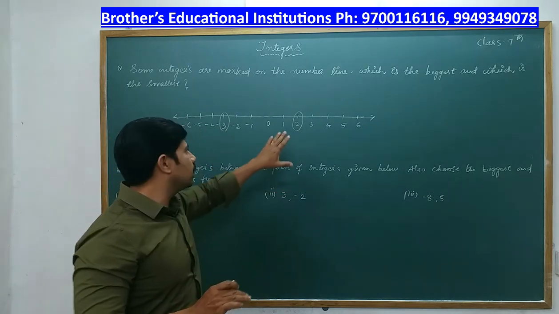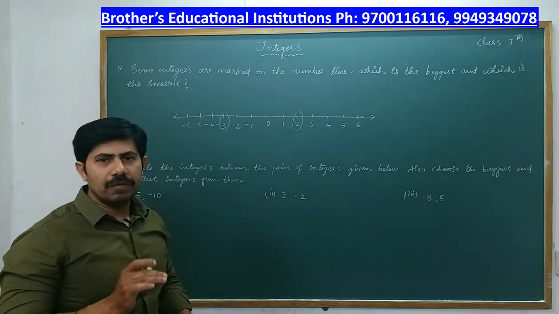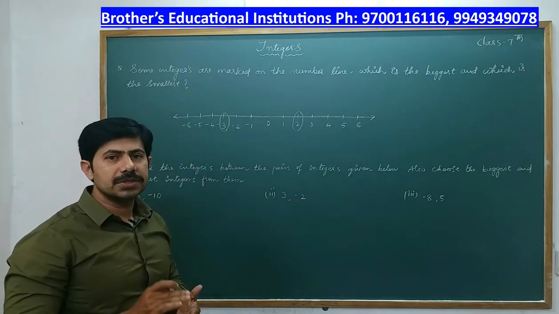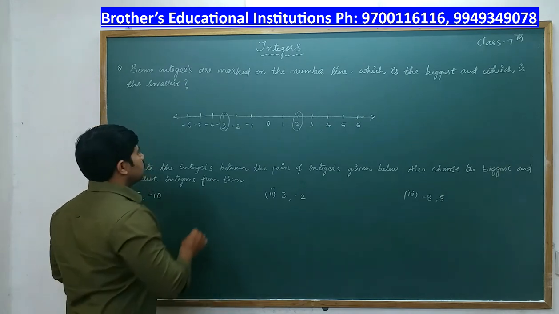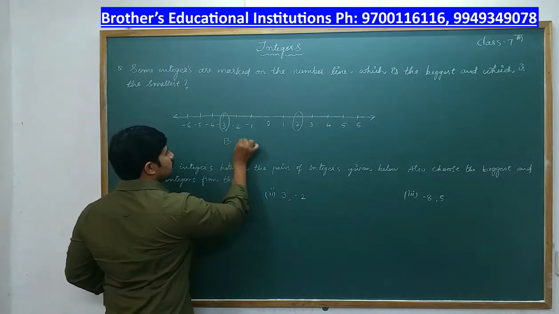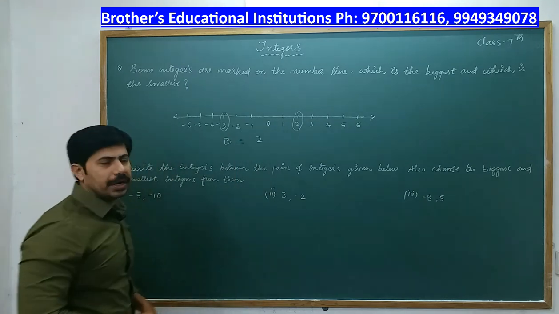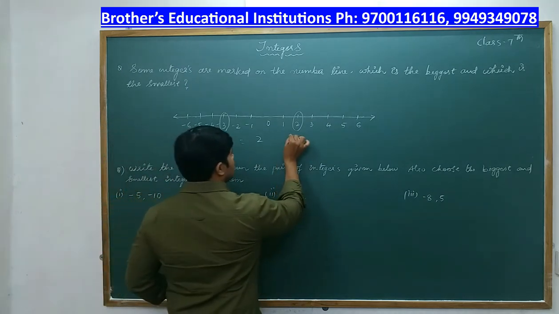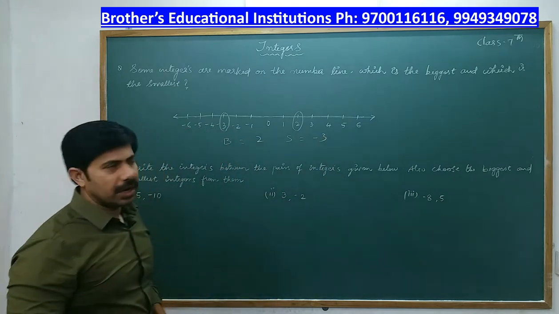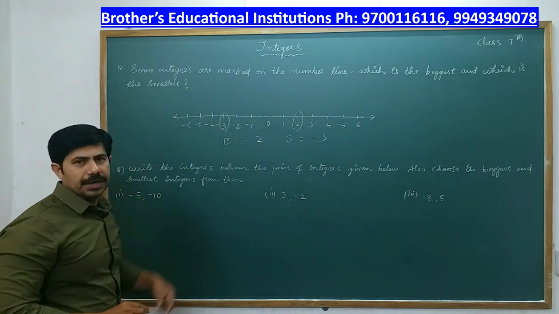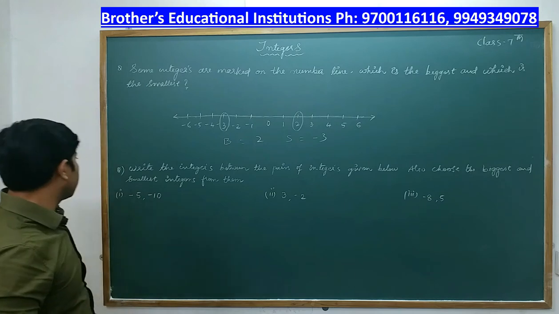If you compare positive and negative, the positive integer will always be the biggest. So here the biggest integer is 2, right? And the smallest integer is -3, right? So this is completed. Now we'll go to the second problem.